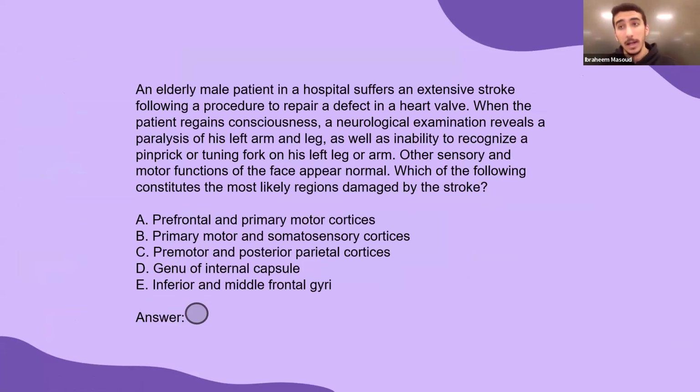Paralysis of left arm and leg, and loss of proprioception and vibration. Which of the following is the problem? Remember, I just showed you the picture of the brain, so you have to know now.